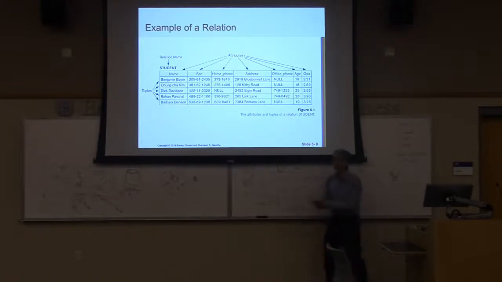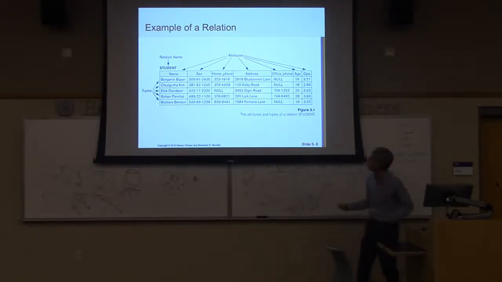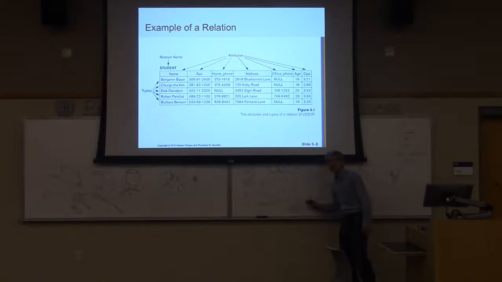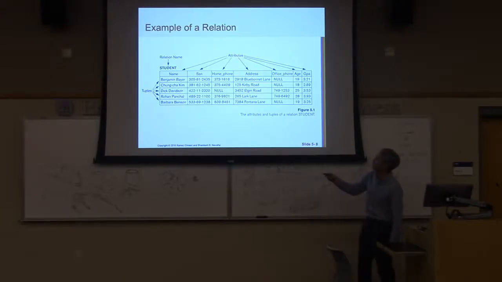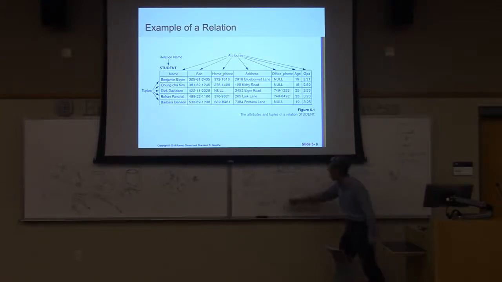When we represent the data as a relation, there are 2 different ways. One is the definition using attribute schema. Another one is you can list up all possible data, tuples. So Benjamin and Kim, Davidson, Hunter, and Benson. You can list up all the data.